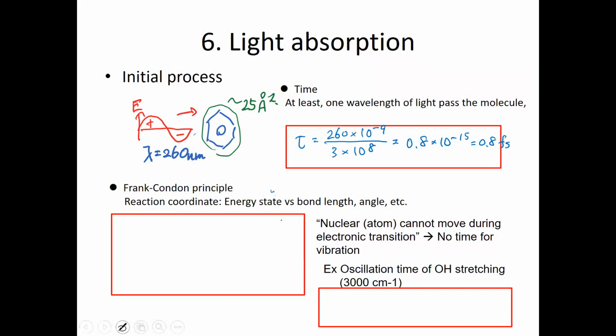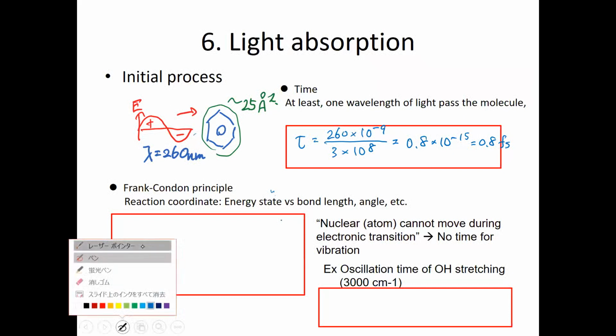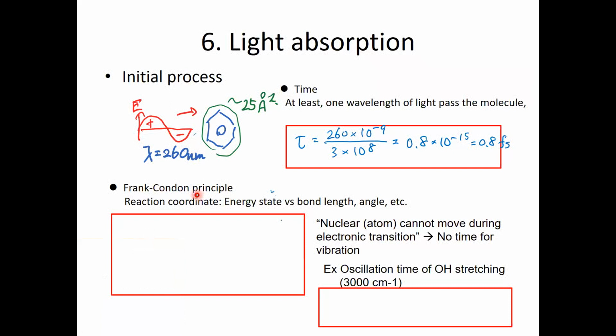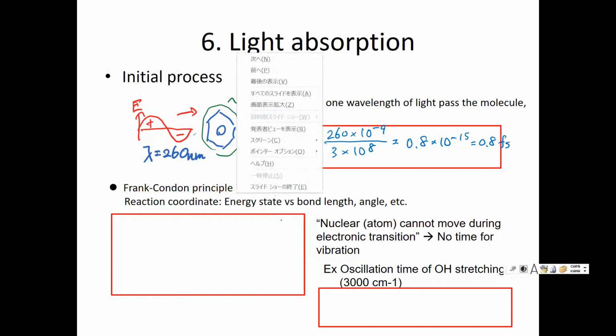And then the next step we have to understand is one of the most important principles for the light absorption, called the Franck-Condon principle, right? The Franck-Condon principle is one of the key fundamentals of the light absorption.